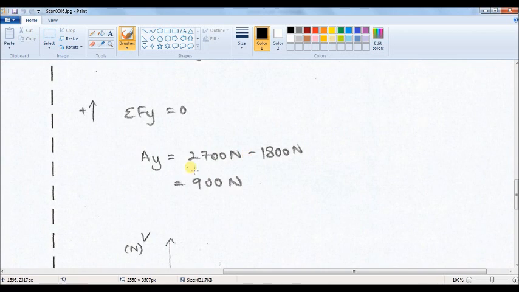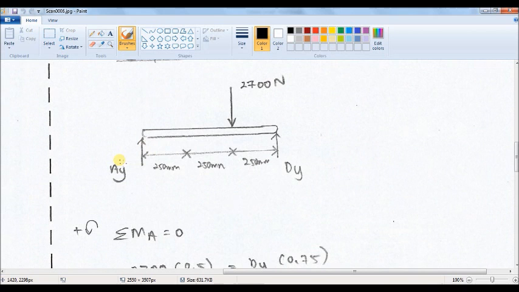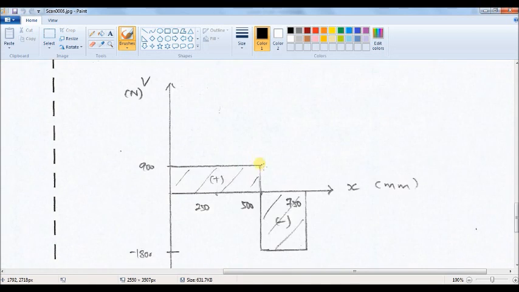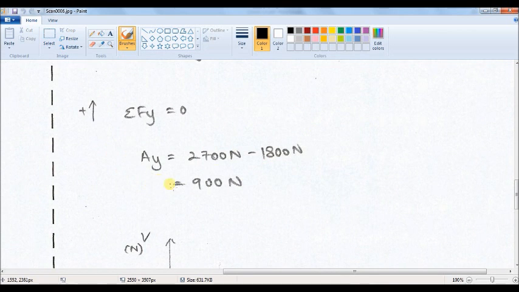The second equilibrium equation, we can write that sigma Fy equals 0. So Ay, the reaction load at A, minus 2700 plus Dy, which was 1800, should be equal to 0, and then we conclude that the reaction load Ay equals 900 Newton.